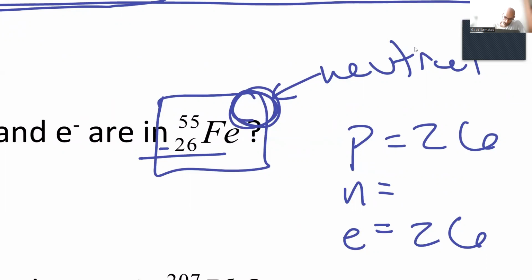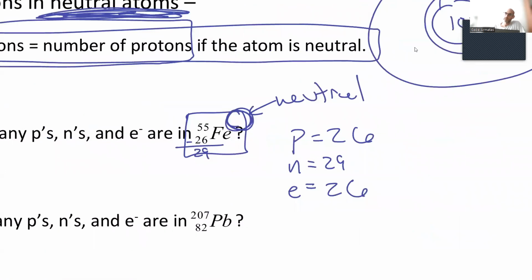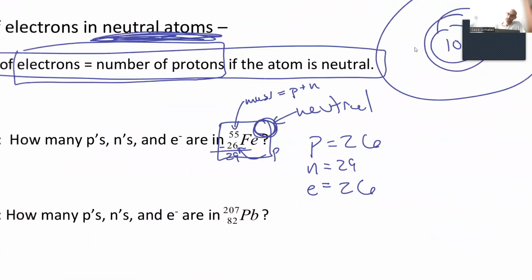Yeah, I can't do math right now. Yes, 29. So there are 29 neutrons in the nucleus, okay? Again, the total mass equals protons plus neutrons. The atomic number is just simply the protons, and there we go.